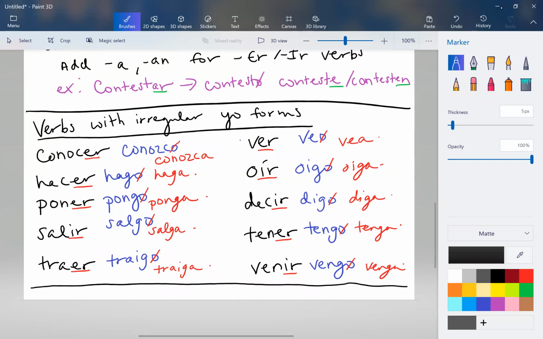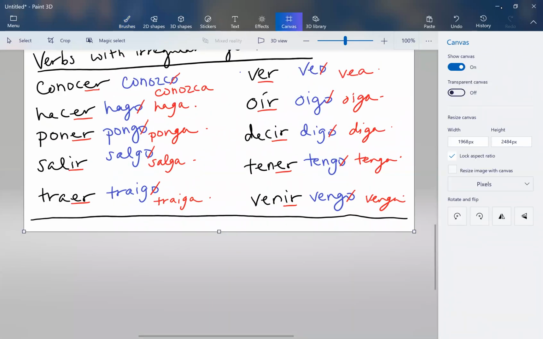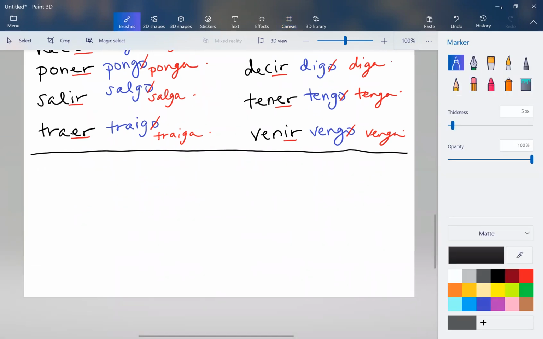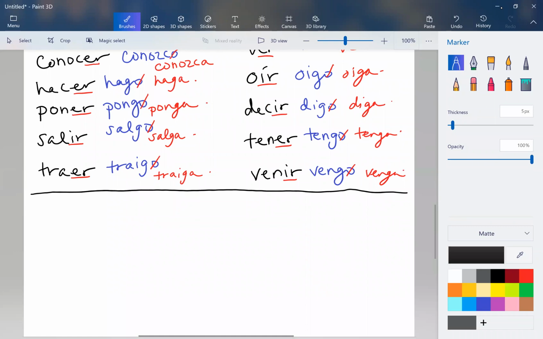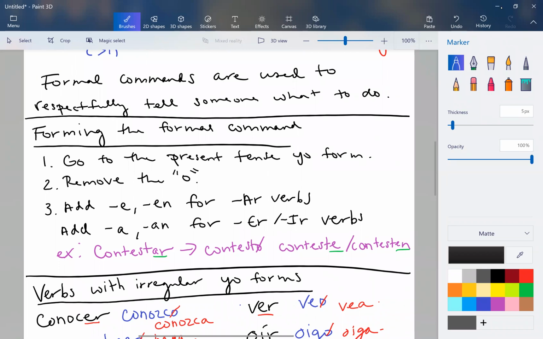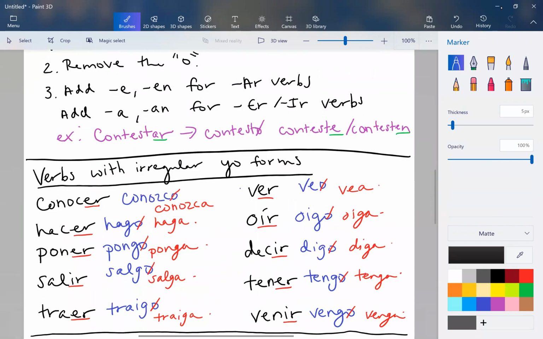Because there are irregular commands. Can anybody think of what might make a command irregular when we possibly couldn't follow one of these three steps? Okay.